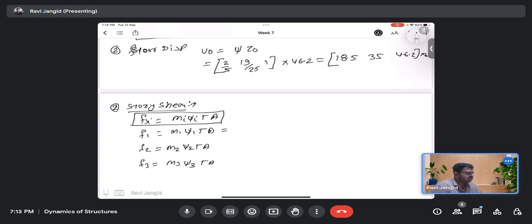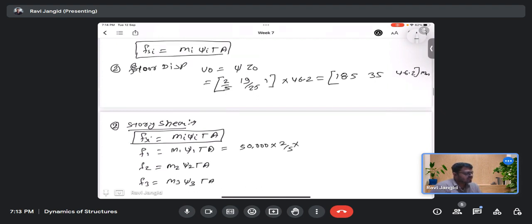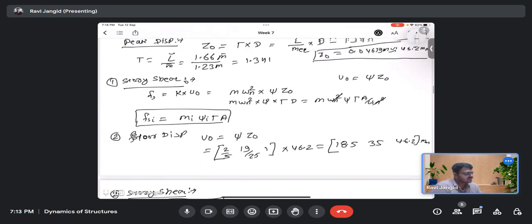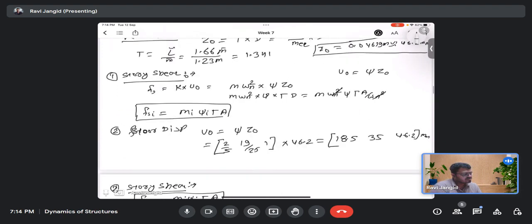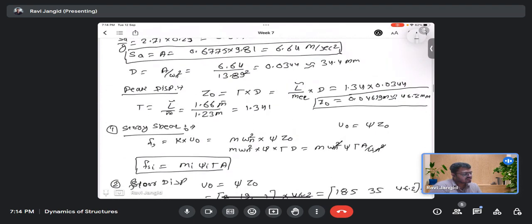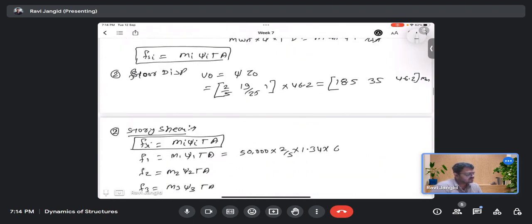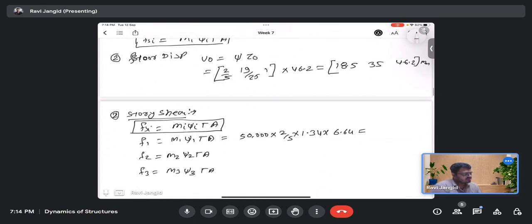So the M1 is what? How much M is it? 50,000. Psi 1 is 2 by 5. That factor, how much is that factor? 1.34. And acceleration, how much did we get? 6.64.